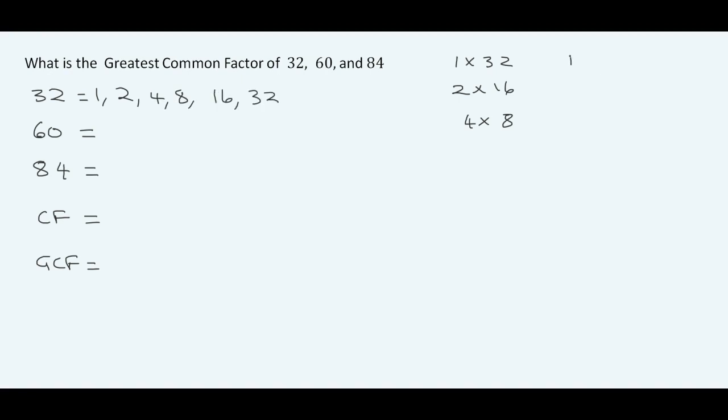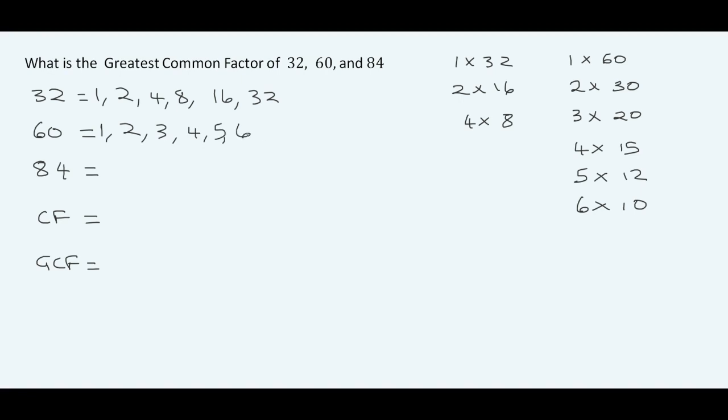So 60, we have 1 multiplied by 60, 2 multiplied by 30, 3 multiplied by 20, 4 multiplied by 15, 5 multiplied by 12, 6 multiplied by 10. So we have 1, 2, 3, 4, 5, 6, 10, 12, 15, 20, 30, 60.